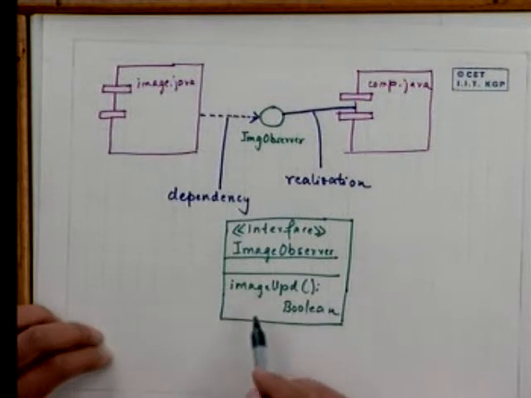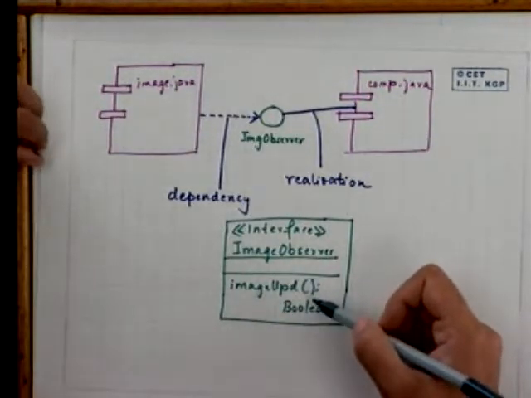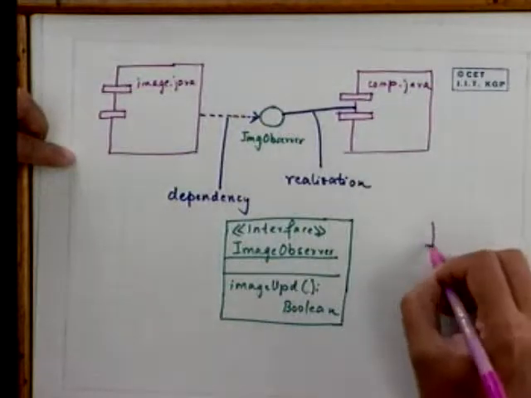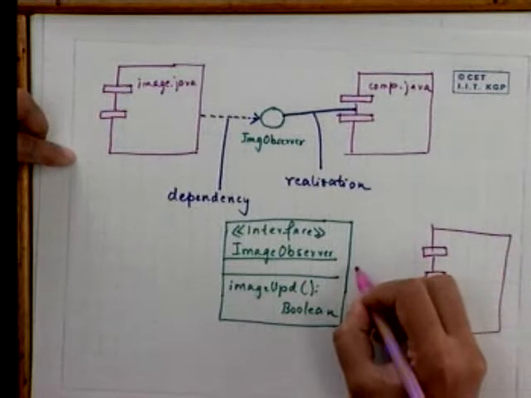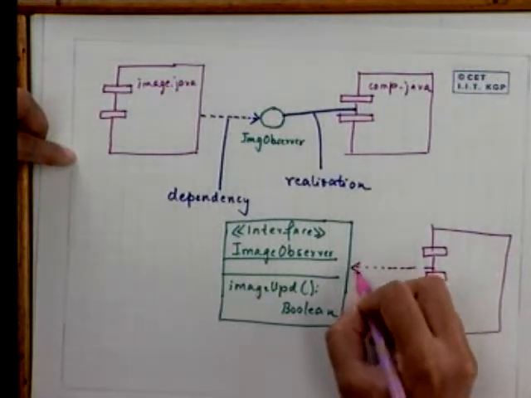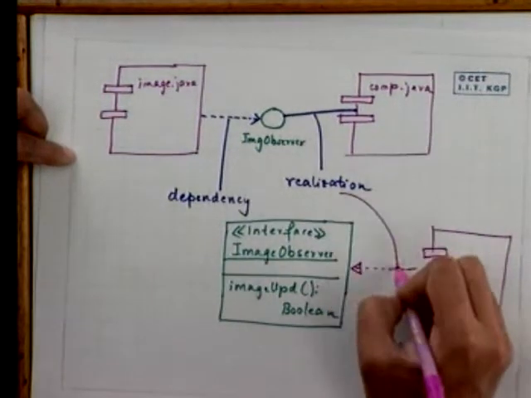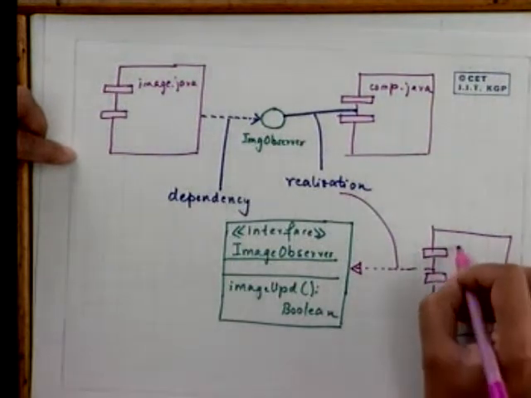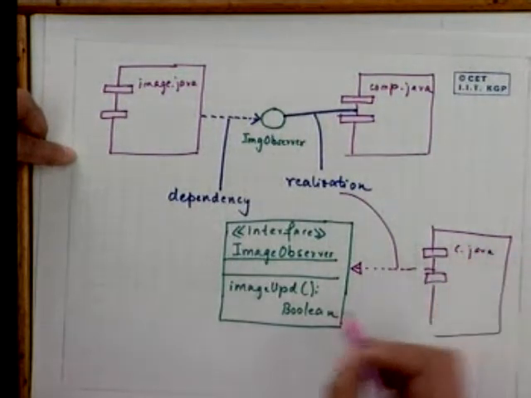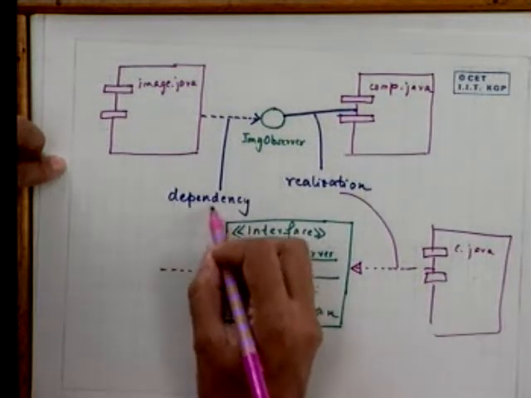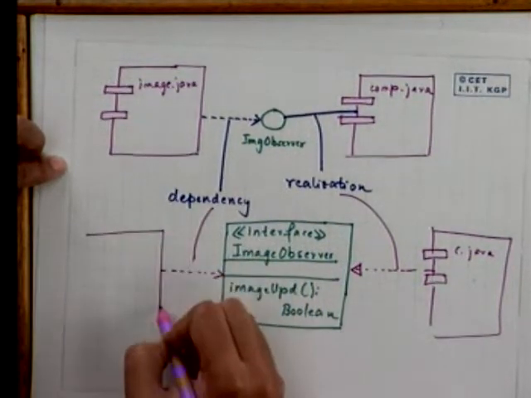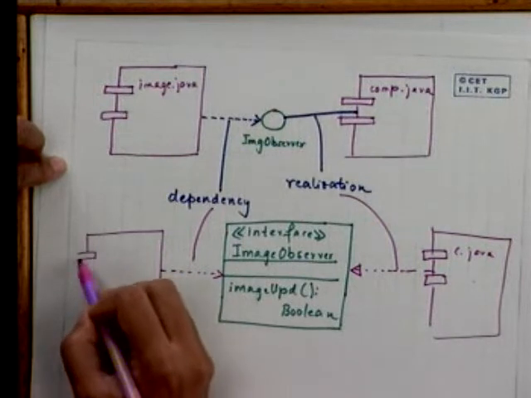So we have a more detailed specification of an interface, and we can have a realization relationship from component.java to this interface, and a dependency relationship from image.java to this interface.